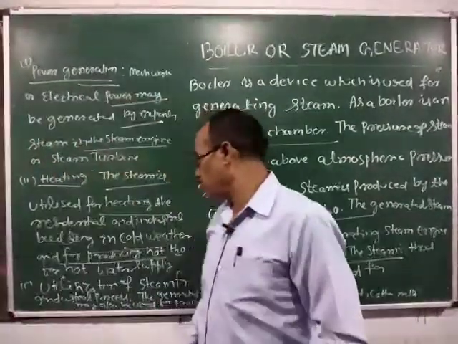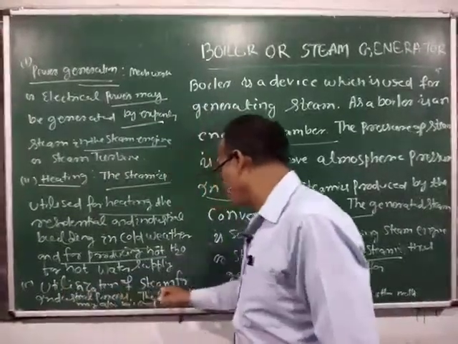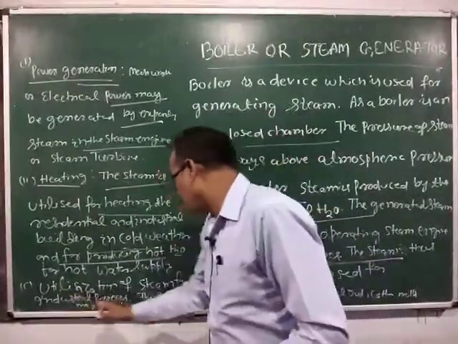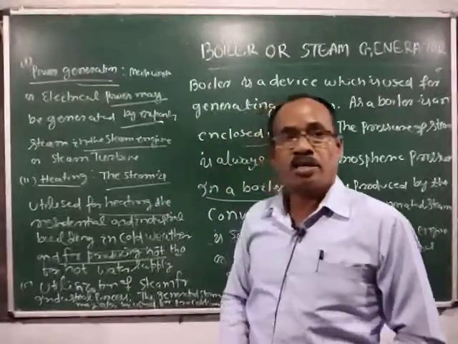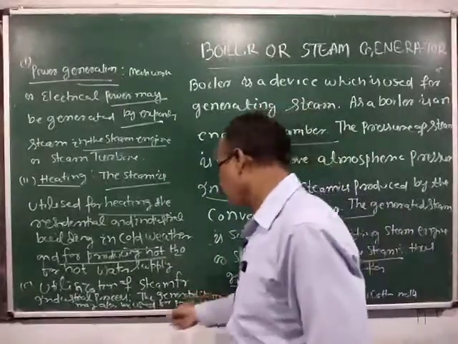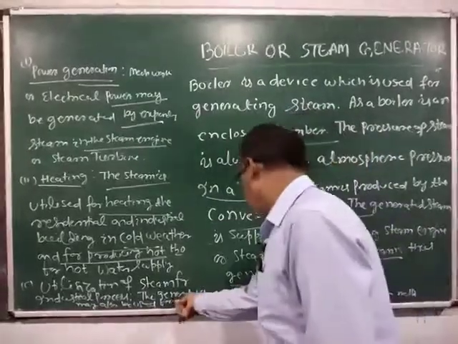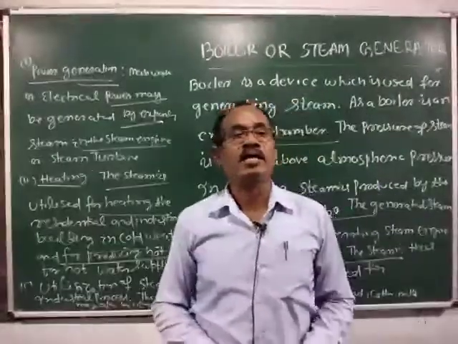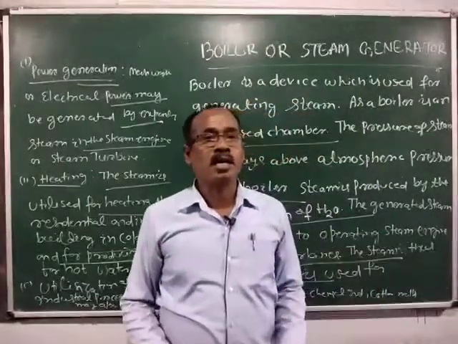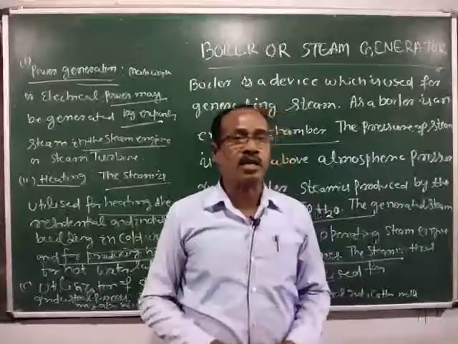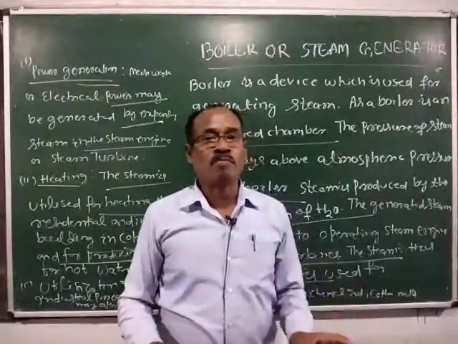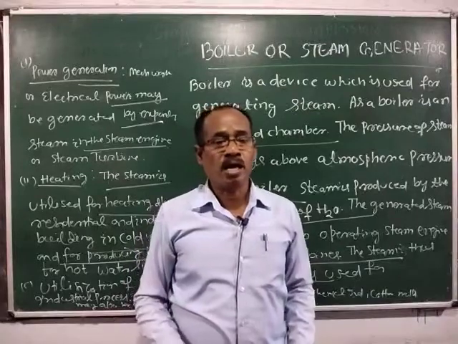Third point is utilization of steam for industrial processes. The generated steam may also be used for process work like cotton mills, chemical industry, and sugar factories, etc.